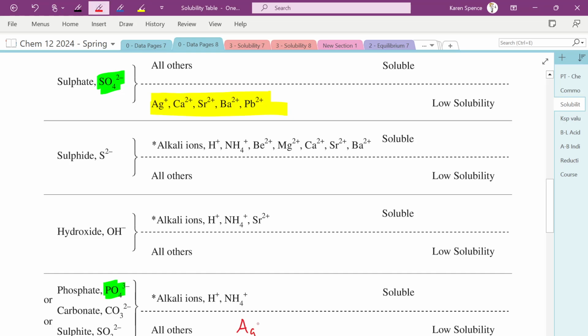So we've got Ag+, Ca2+, Sr2+, Ba2+, and Pb2+. So the only thing we can say at this point from that data is it's not going to be these ones.